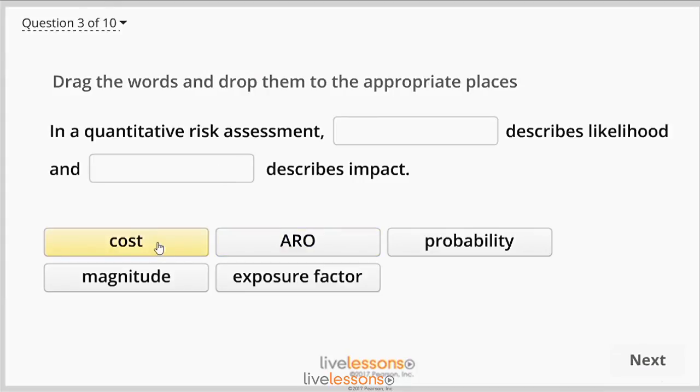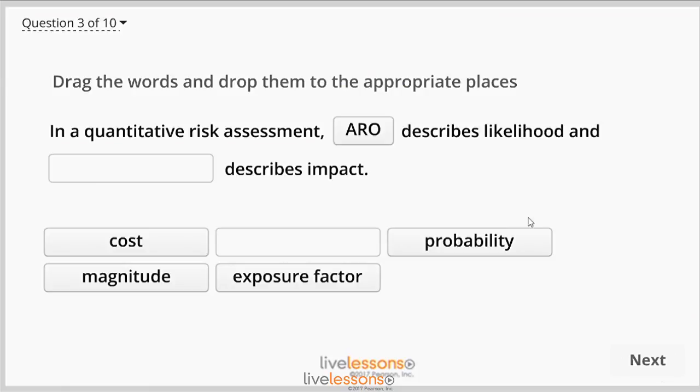So in a quantitative risk assessment, something describes likelihood and something else describes impact. Well, if we go through, cost doesn't make any sense. ARO, annualized rate of occurrence. Remember, that was how often something might happen, right? So that's going to be the likelihood, or how often it would happen. Probability, kind of a good answer, but probability wasn't a term we really used. Magnitude describes impact.